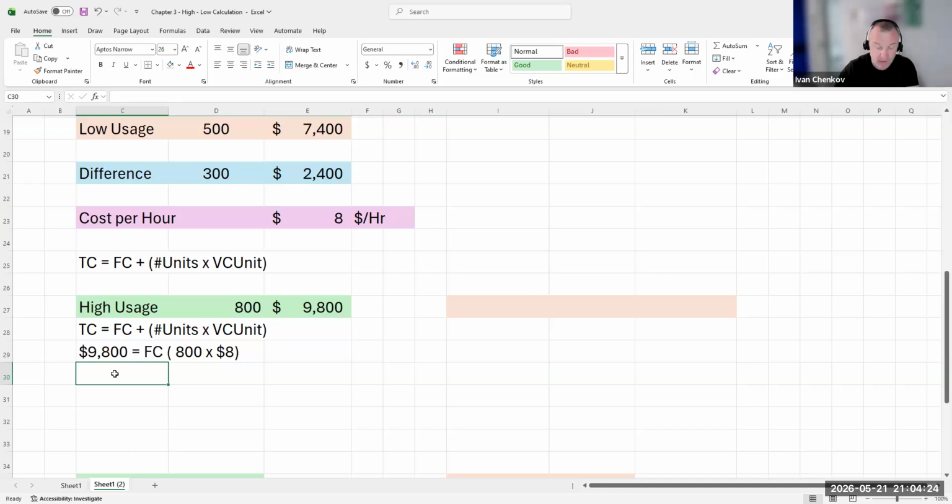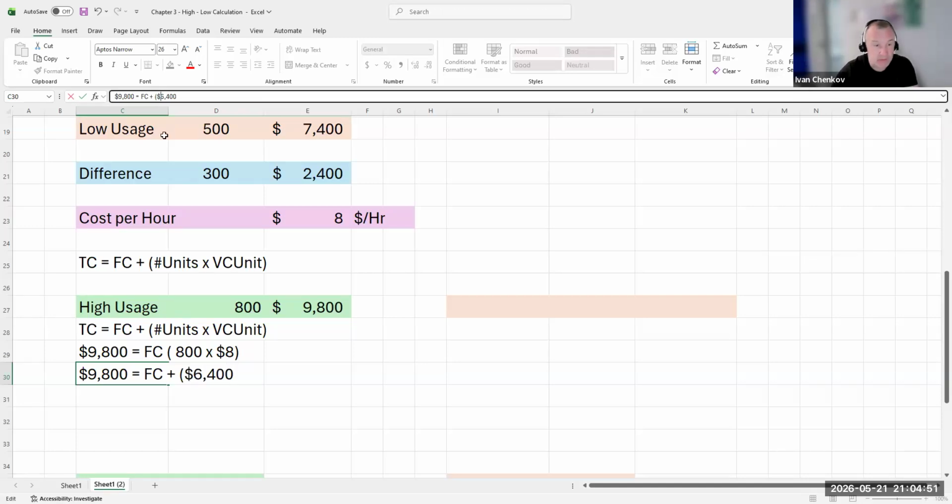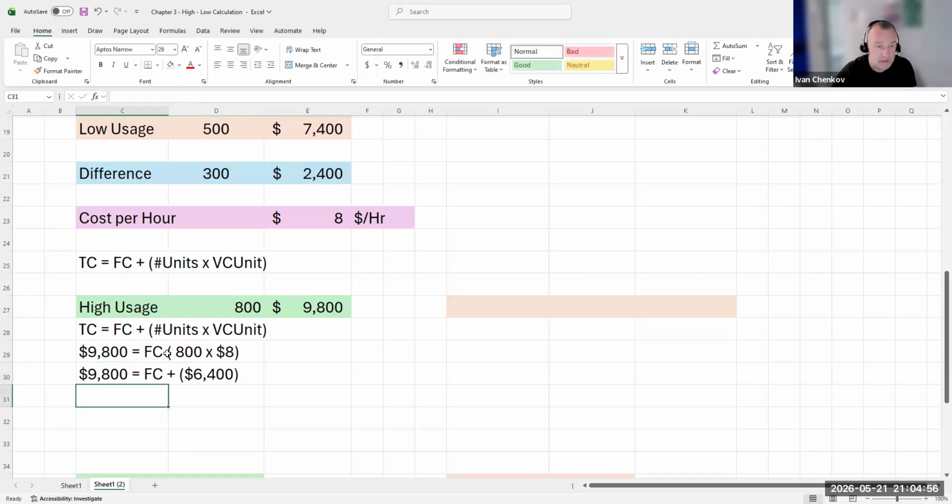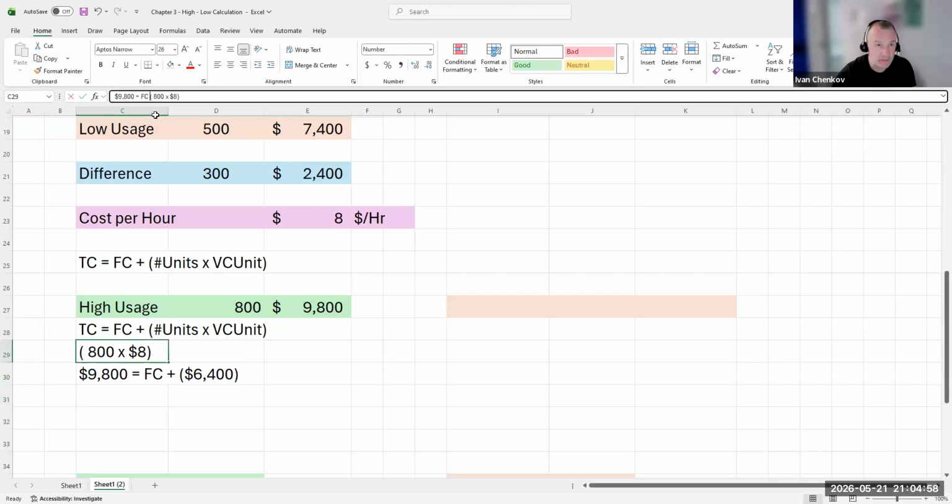I'm going to have $9,800 on one side to be equal to the fixed cost plus, sorry, I missed the plus in the previous formula, plus bracket 800 times 8, that's $6,400. That should be my calculation here in the bracket. So let's put here the plus in this formula.